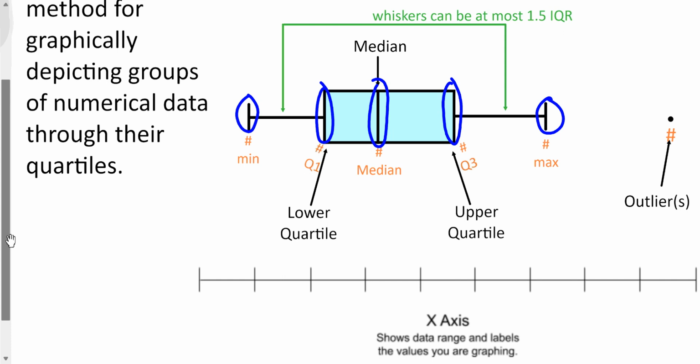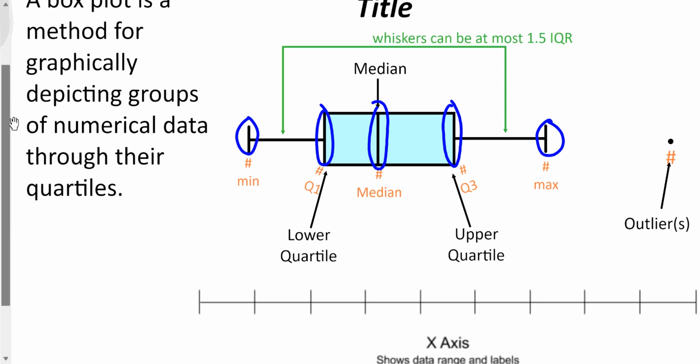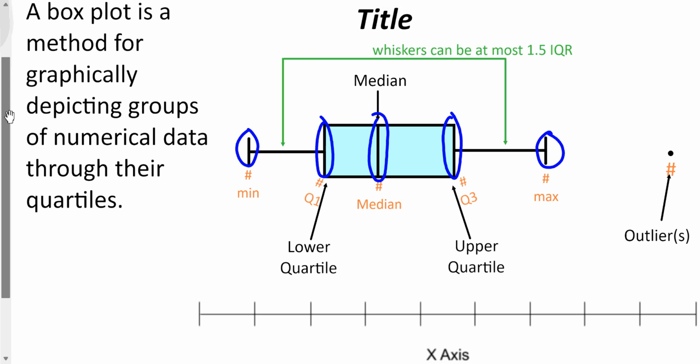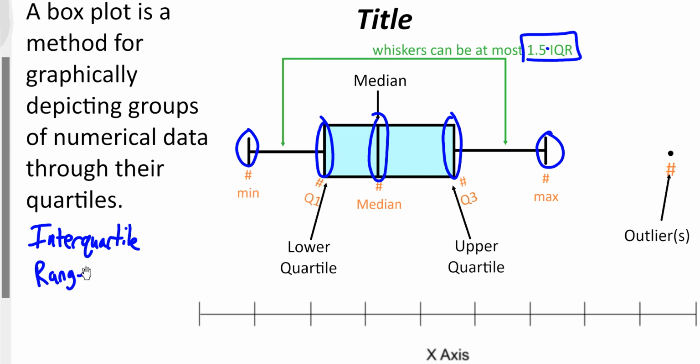Now, one thing worth noting, these whiskers can be at most 1.5 times the IQR. So what is the IQR? Well, the IQR is called the interquartile range, often abbreviated as IQR.